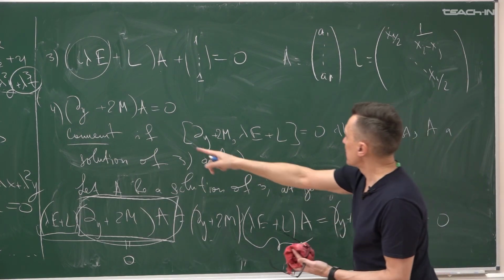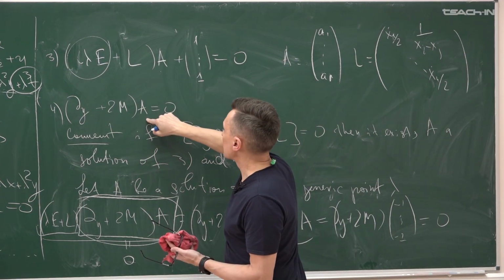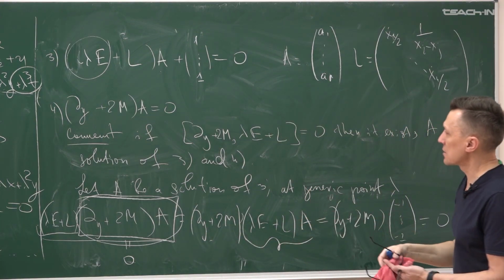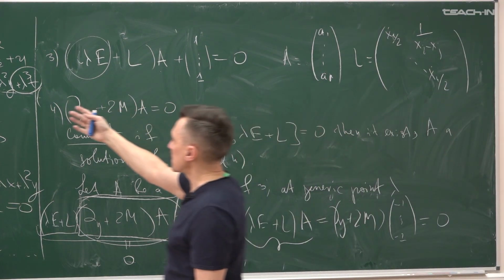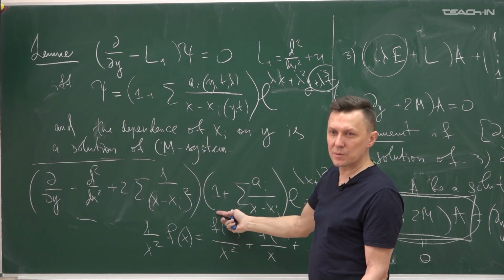Okay, so if this is true, then A is the solution of this system of equations, and it means that there exists a function psi of such type which solves this linear problem.